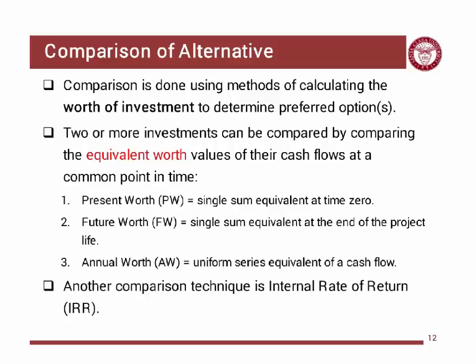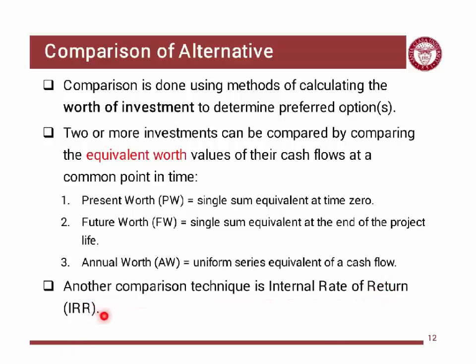You can look at the future and calculate the future worth for alternatives A, B, C, and then you can compare between them. Annual worth, you can do the same, but now imagining that you're calculating the equivalent annual cost for every alternative. So it's on an annual basis that you compare between alternatives. And the last thing here is the internal rate of return.